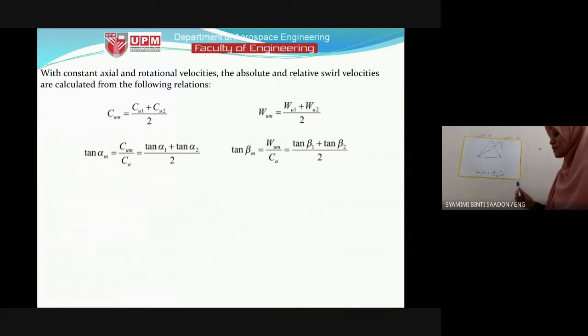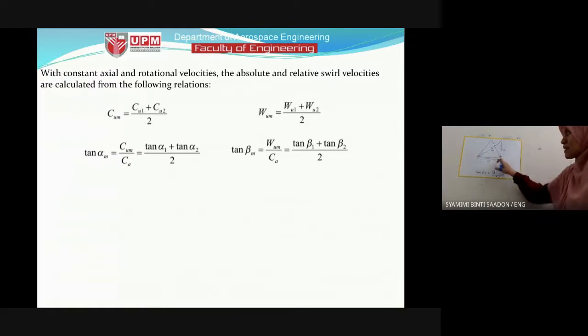The triangle at the inlet is 90 degrees here, because the fluid enters totally axially. So this C1 is straight vertically, and this is U, and W1 is the relative velocity.